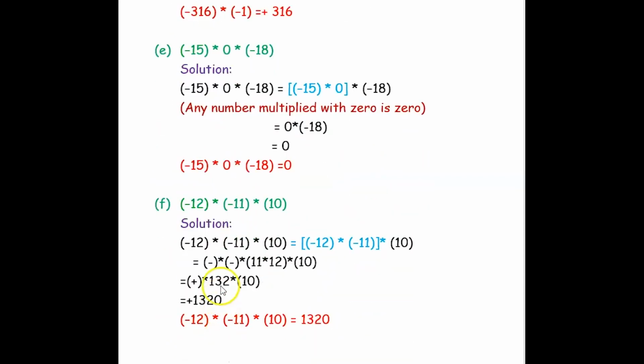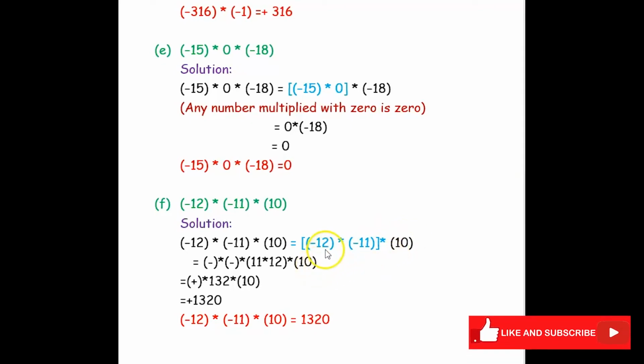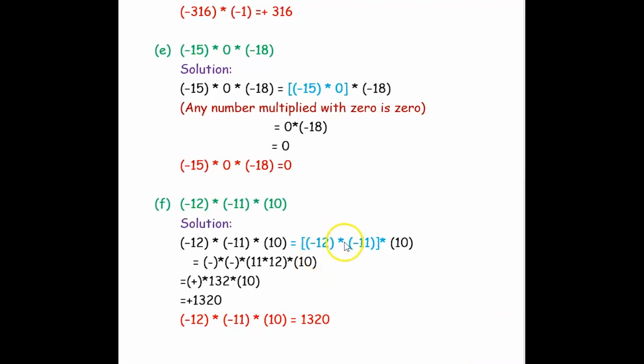Next question is negative 12 into negative 11 into 10. So, now by using the associative property, I am first associating negative 12 and negative 11. So, I am putting it in a parenthesis. So, parenthesis negative 12 into negative 11, into 10. So, first I am going to do the operation with the integers inside the parenthesis. So, here I have negative 12 and negative 11.